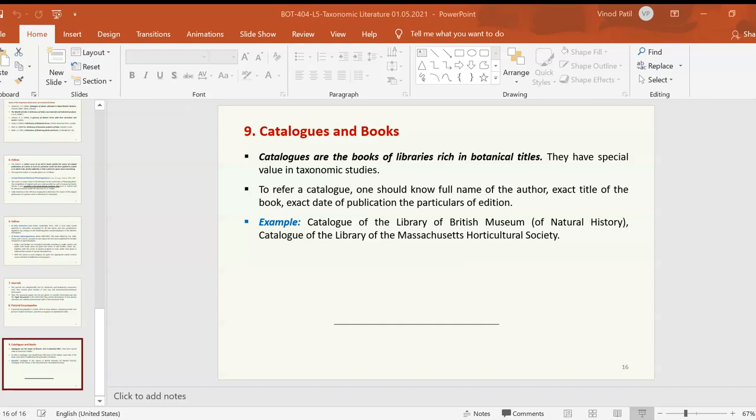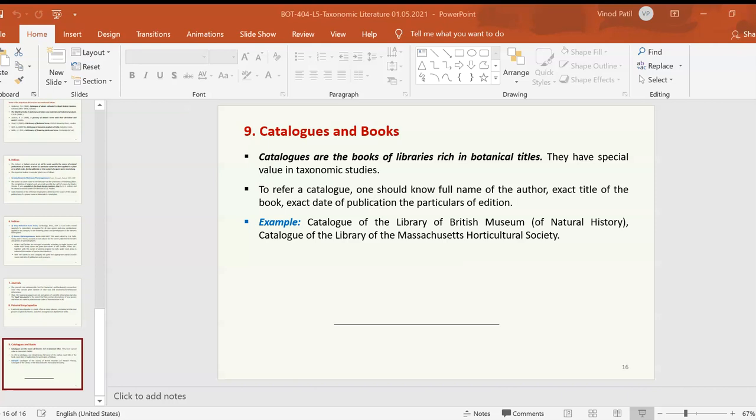Different catalogs may be available in the library, and these catalogs can be used to seek further help or literature on the species, genus, or the question or the taxon whatsoever.